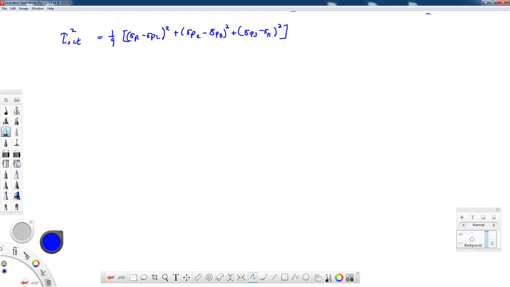If we were to multiply and divide by 2, we would get sigma p1 minus sigma p2 quantity squared, sigma p2 minus sigma p3 quantity squared, and sigma p3 minus sigma p1 quantity squared.